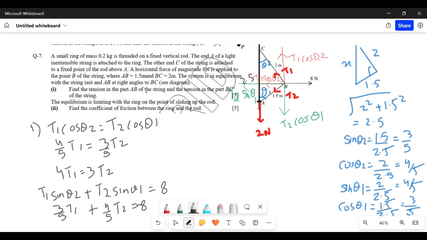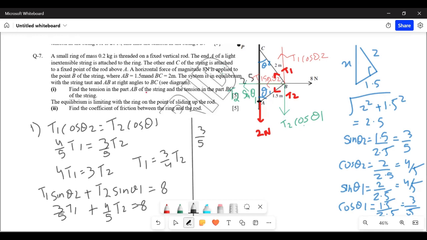Okay. So I'm going to make T1 the subject. T1 is equals to 3 by 4 T2. Let's substitute it in the second equation. 3 by 5 T1 plus 4 by 5 times 3 by 4 T2 equals 8.